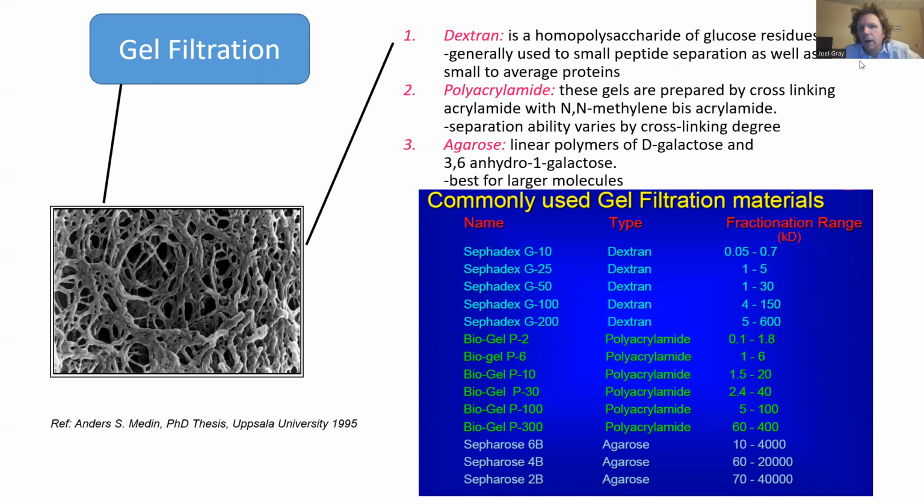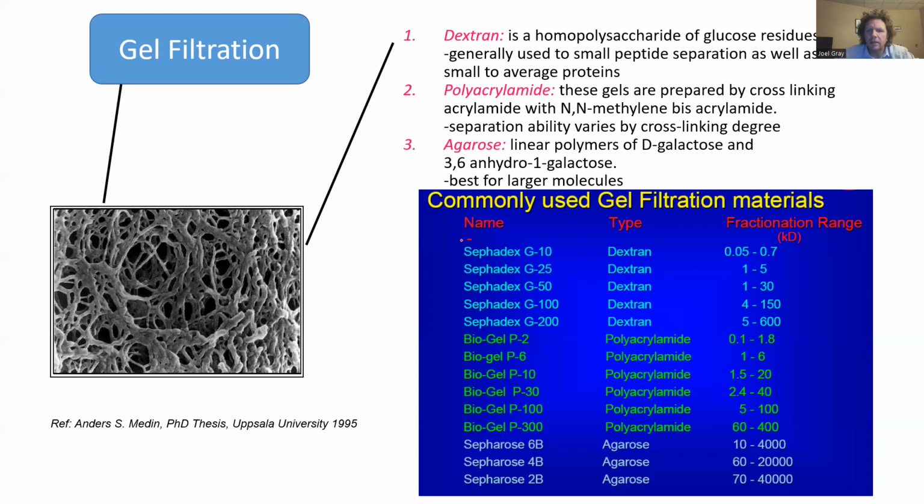These gels are prepared by cross-linking acrylamide, and so you're going to be able to separate slightly larger molecules with those. Your beads can also be made up of agarose, which are linear polymers of D-galactose and 3,6-anhydro-L-galactose. So the value of these, and what I want you to remember, is dextran is very effective for separating very small proteins, whereas agarose is effective for separating large molecules from one another.